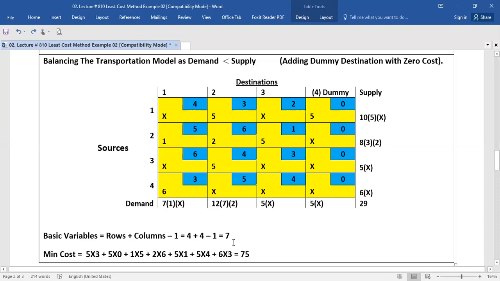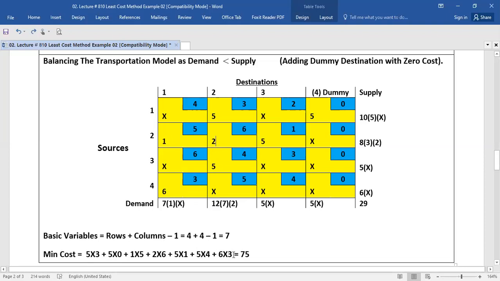So for the next step we will multiply each allocated value to its corresponding cost. 5 multiplied by 3, 5 multiplied by 0, 1 multiplied by 5, 2 multiplied by 6, 1 multiplied by 5, then 5 multiplied by 1, then 5 multiplied by 4, then 6 multiplied by 3.